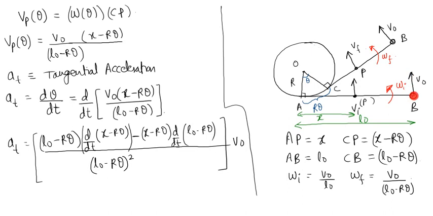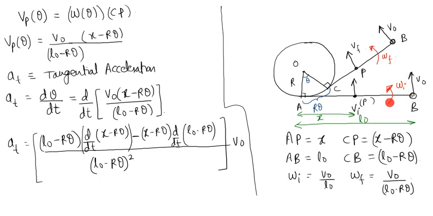Because the tension at any instant is acting perpendicular to the direction of motion of the particle, and the work done by tension will be equal to 0. The only force that this particle is experiencing is the force of tension, and that force is acting perpendicular to its velocity or displacement. So the tension will only change the direction of motion of the particle. It will not change the speed of the particle.